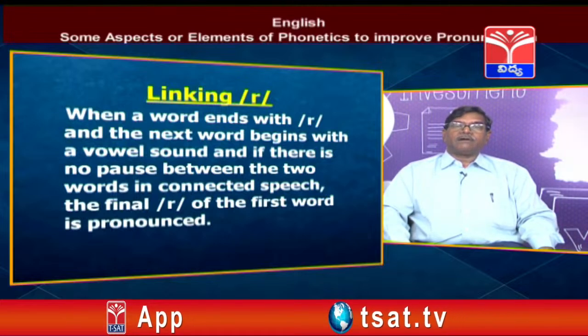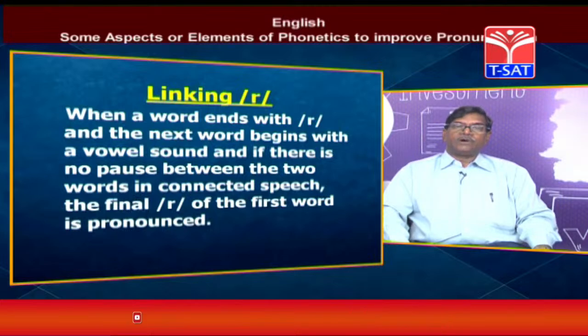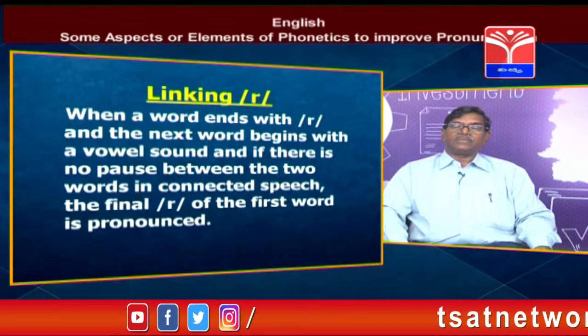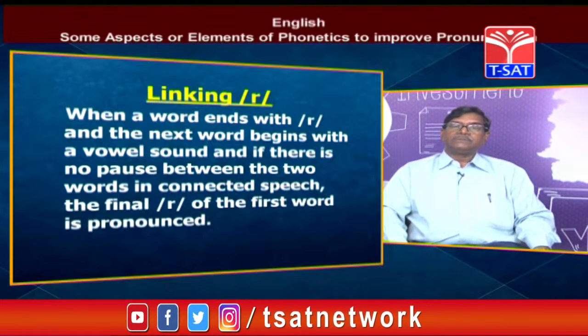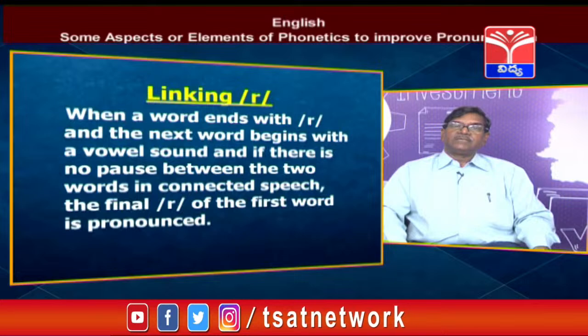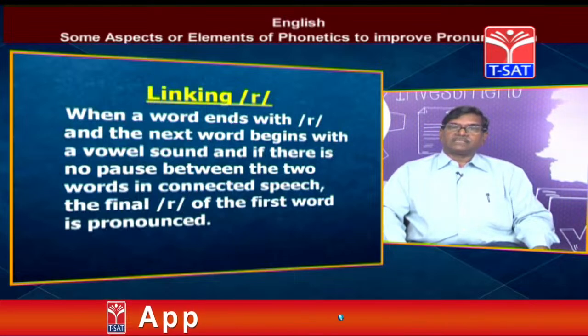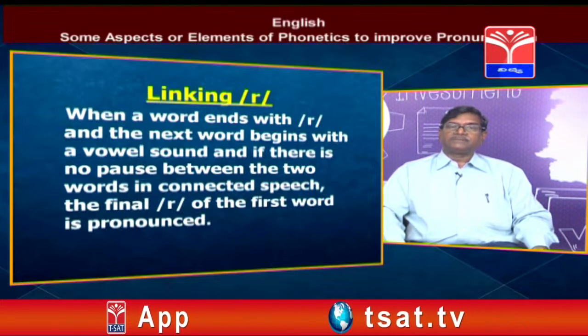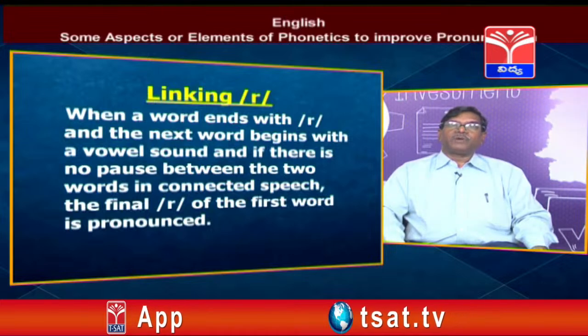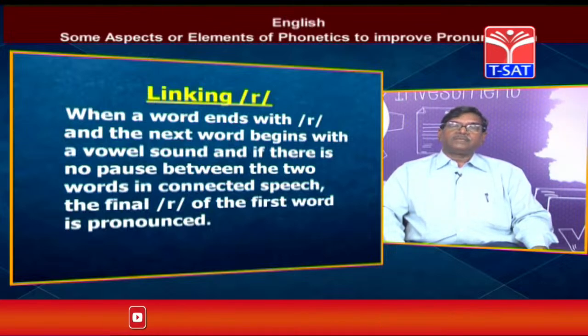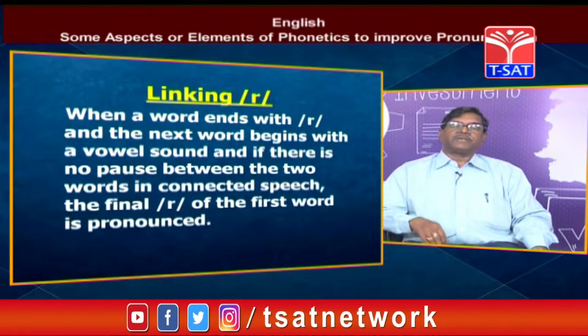Garden, G-A-R-D-E-N. R is followed by the sound D in the word garden. So, r is not uttered at word final position and when it is followed by a consonant sound, but it is pronounced when it is followed by a vowel sound.